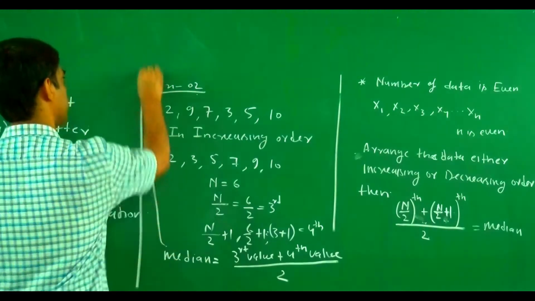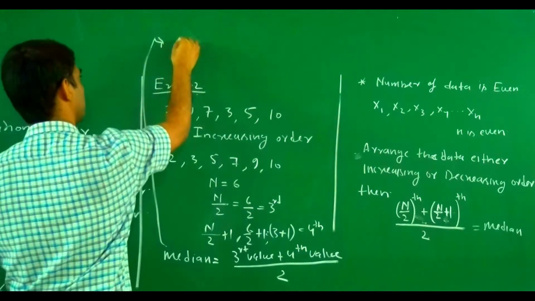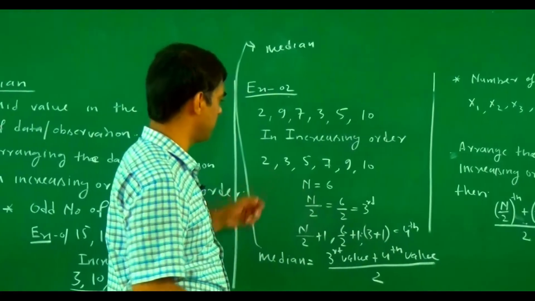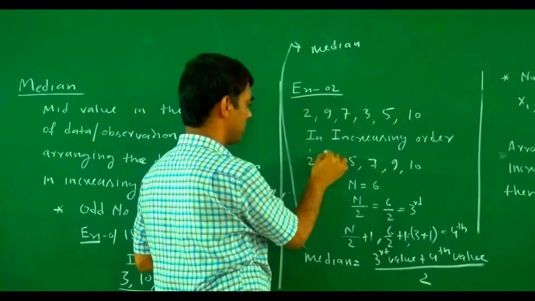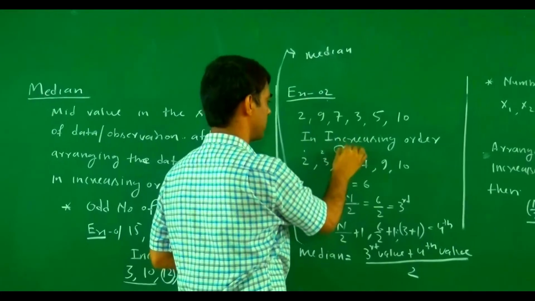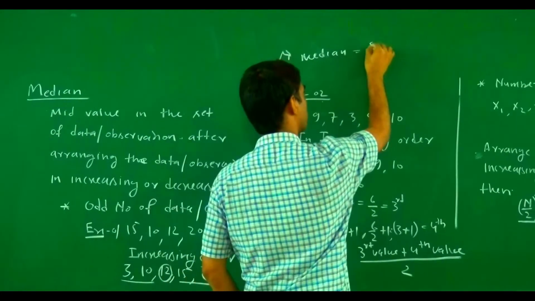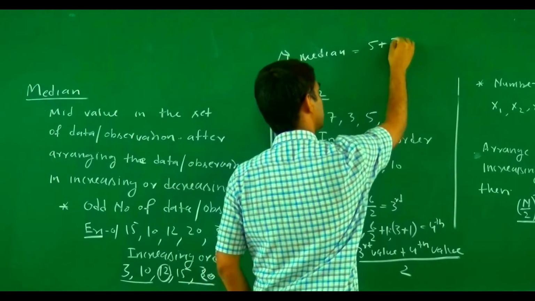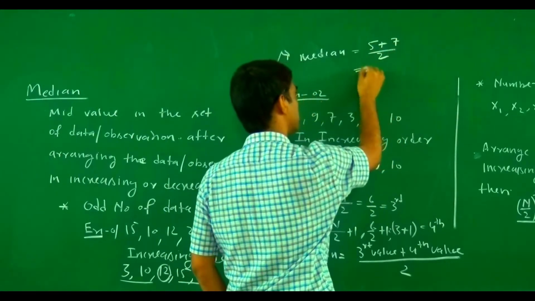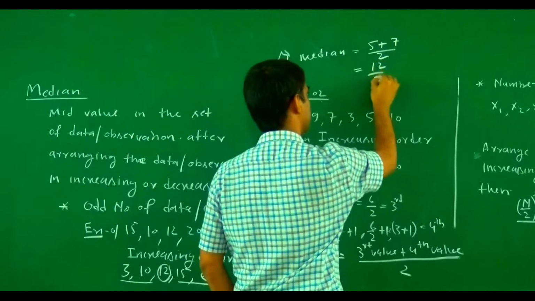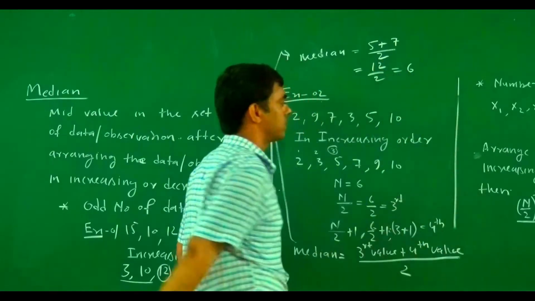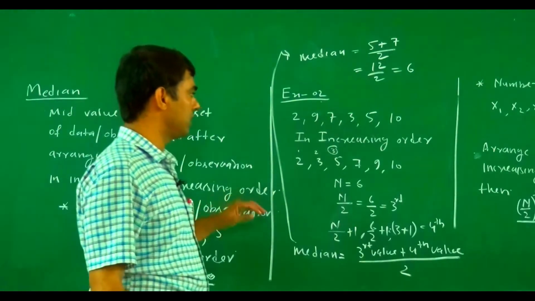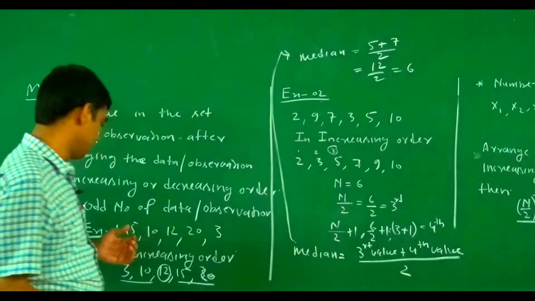If we write it here, the first value is 2, the second value is 3, the third value is 5, and the fourth value is 7. So the median is 5 plus 7 divided by 2, which is 12 divided by 2. The median is 6.